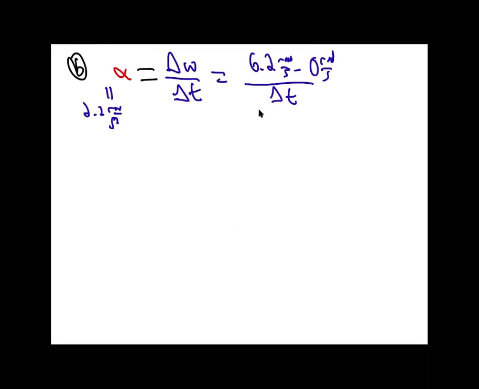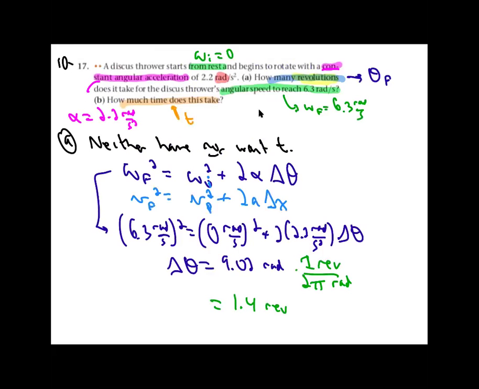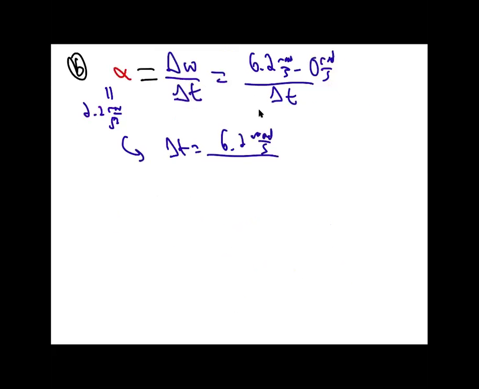And so all told, we end up with delta t is 6.3 radians per second over 2.2 radians per second squared. The radians go away nicely.